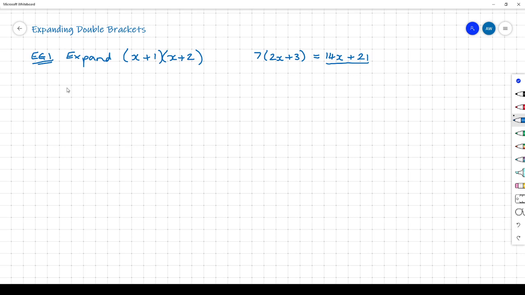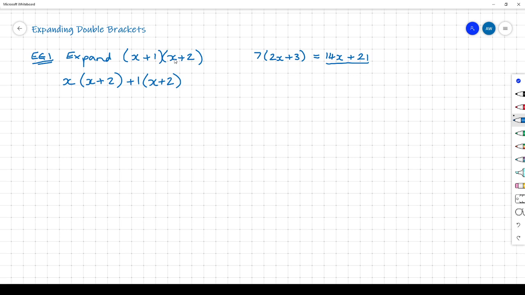Everything in this bracket must multiply by everything in this bracket. So we break this up into x, which has to multiply by x plus 2, and the plus 1 also has to multiply by the x plus 2.